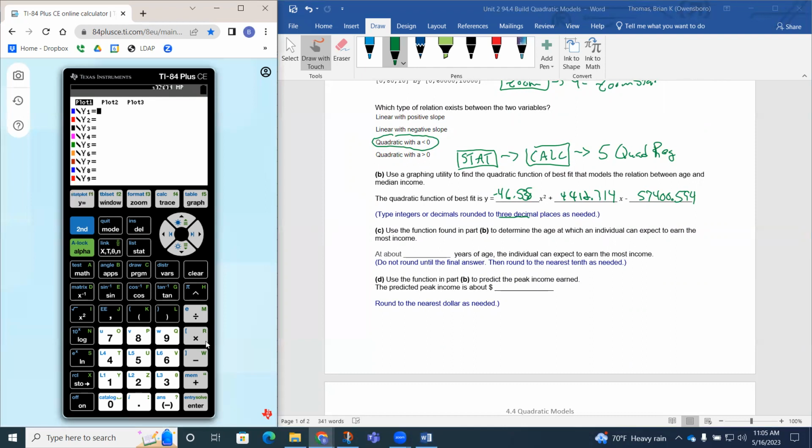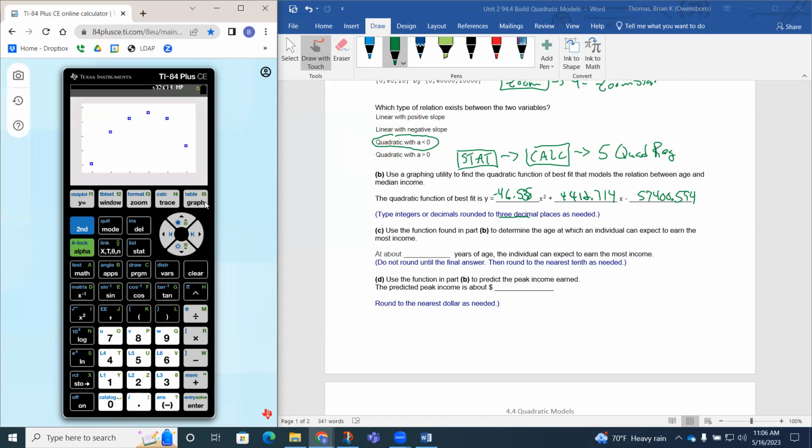Y equals, so I'm going to have this negative 46.538 x squared, if you will, plus then 4,412, and then .714 on the decimal, and then minus then this 57,400, and then .594.